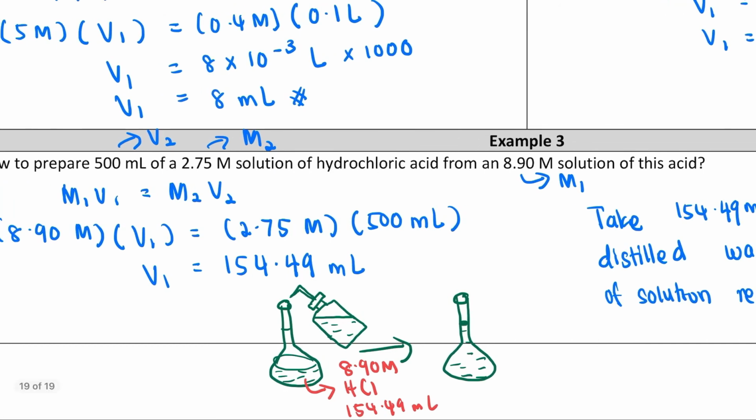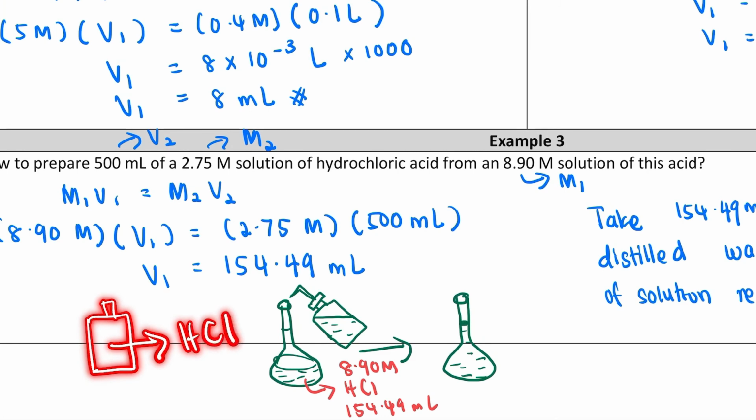In order to produce 500 ml of 2.75 molar HCl, we will need 154.49 milliliter of 8.9 molar solution. Kiranya saya ada satu botol dekat dalam lab tu, dalam tu ada HCl yang pekat, dan concentration HCl tu adalah 8.9 molar.